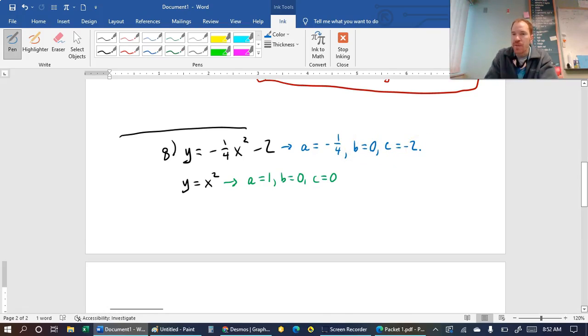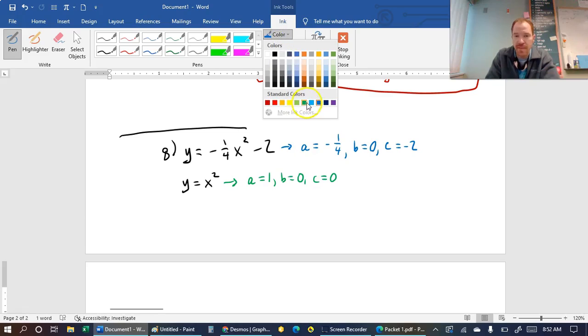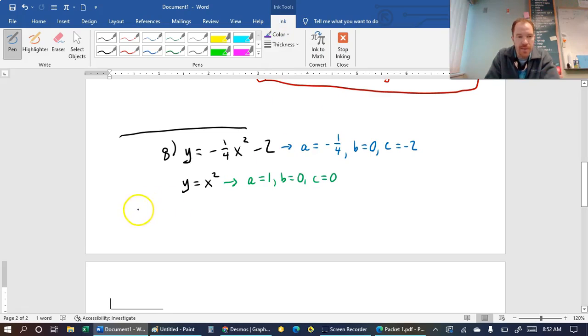Okay. So 3 things we want to think about again, and I'll start with what is possibly the easiest, and that is the direction of opening. So we know that our parent function y equals x squared opens up, but g of x opens down. Negative value for a, negative attitude, that's a sad parabola.